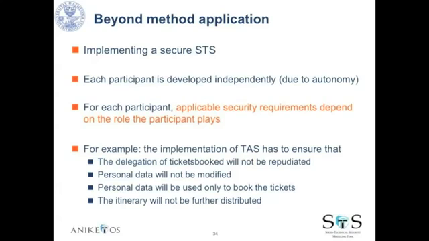So the implementation of TAS has to ensure that the delegation of tickets booked will not be repudiated, personal data will not be modified, it will be used only to book the tickets, and the itinerary will not be further distributed, and so on. For all the security requirements the travel agency service is responsible to bring about, participants at runtime actually know what they are responsible to achieve when adopting a given role.